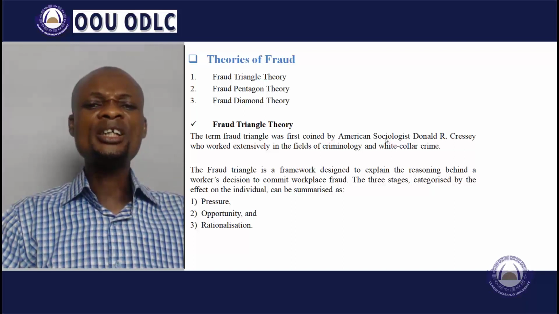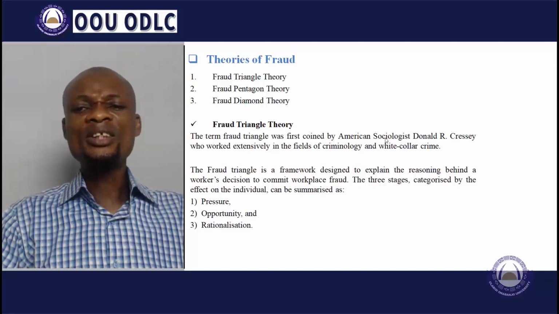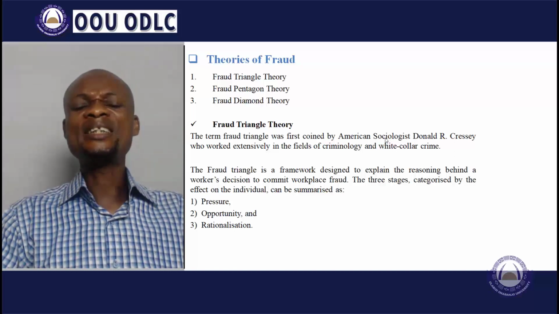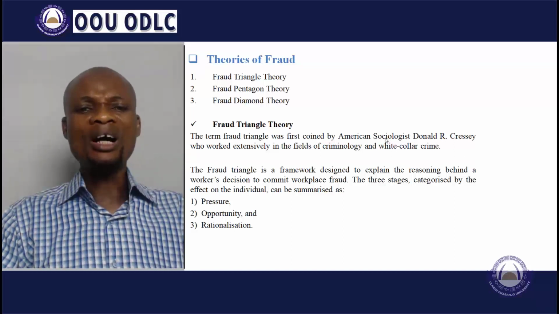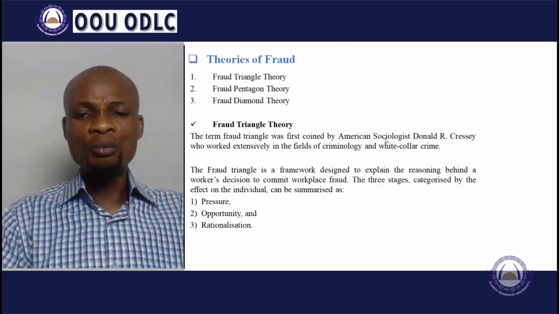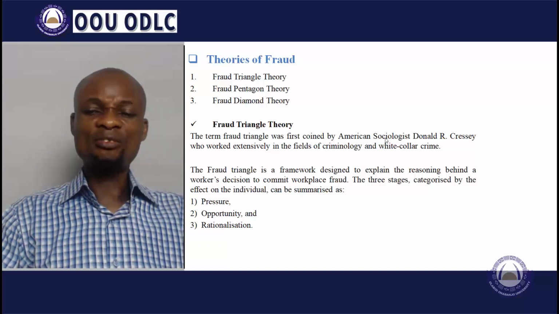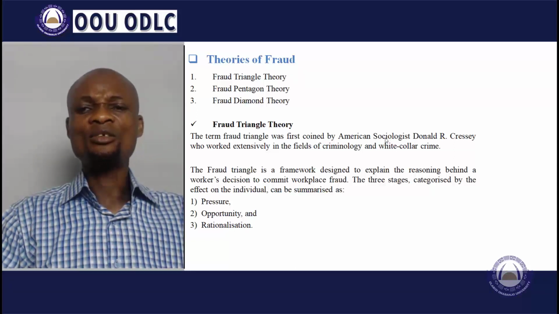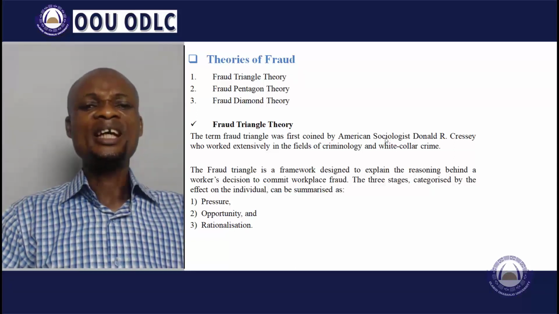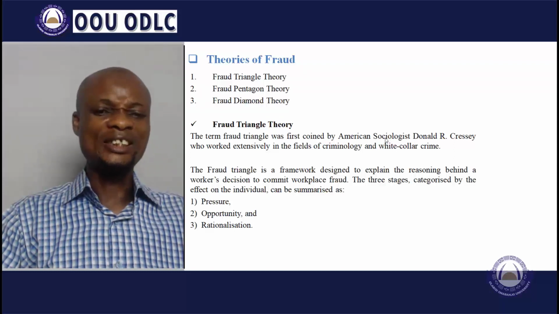The fraud triangle theory is a framework designed to explain the reason behind individuals' or workers' decision to commit fraud in their various workplaces. And the three reasons, the three justifications as highlighted by Donald Cressey, are pressure, opportunity, and rationalization.